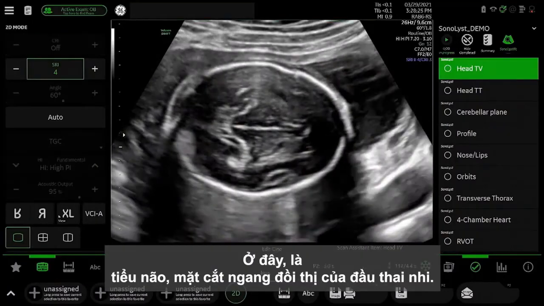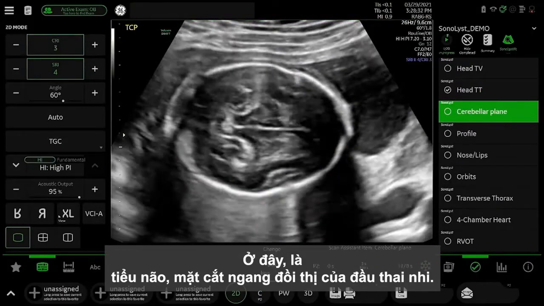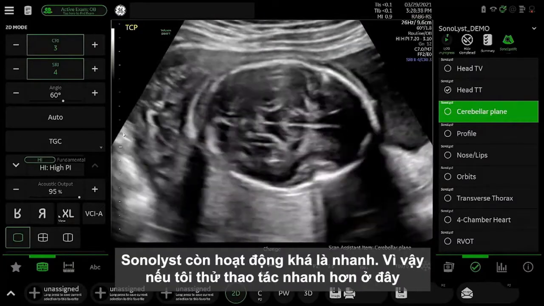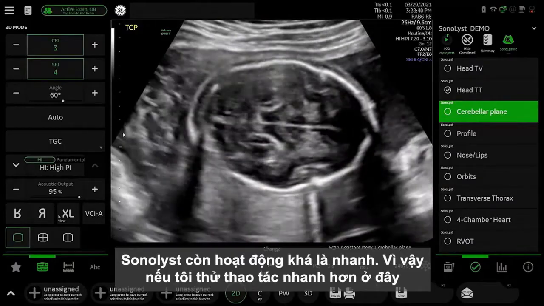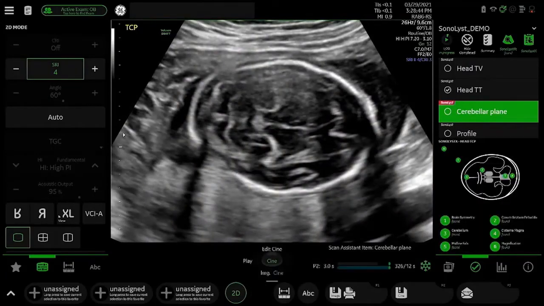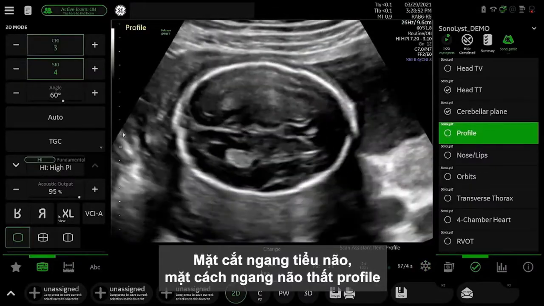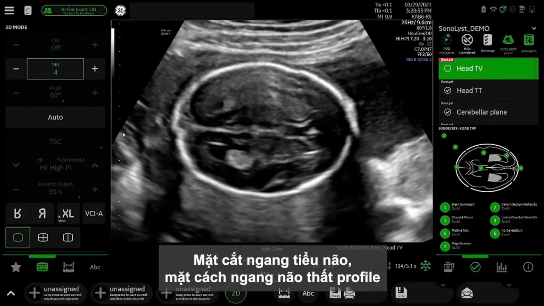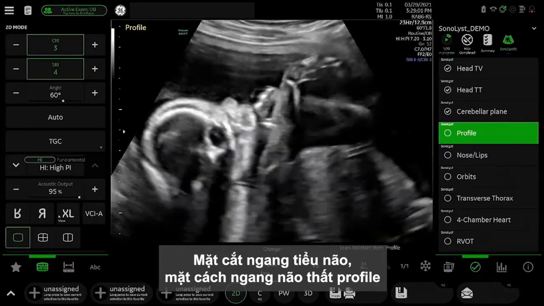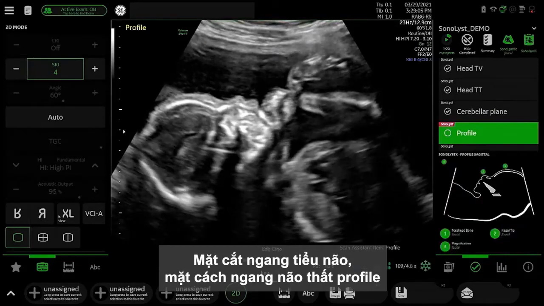So here, cerebellar, transthalamic view of the head. Perfect. And it works pretty fast as well. So if I try and speed up here, cerebellar plane, transventricular plane, baby's profile.